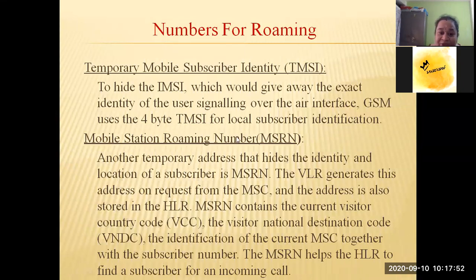The HLR assigns it and constantly stores this MSRN, which hides your local station, so that other users couldn't identify from where and which mobile station you are calling. That is your location, and your mobile station control is also hidden. So you are not identified by the other party, from where you are calling, what your location is, and all this by using this MSRN, right?